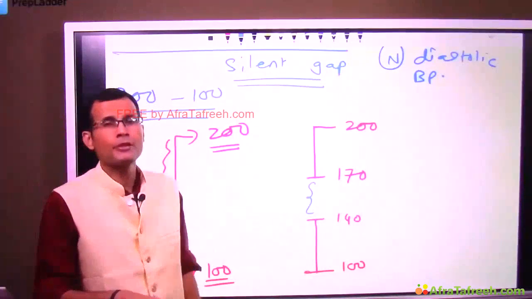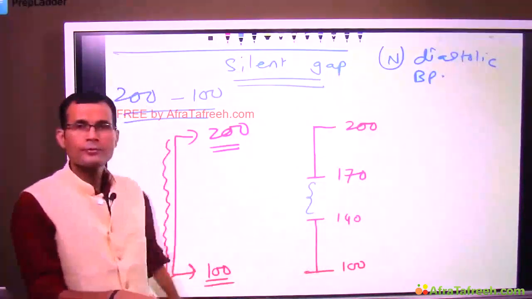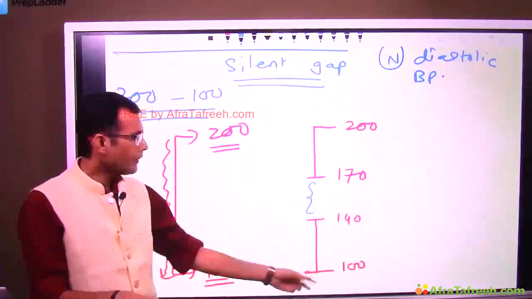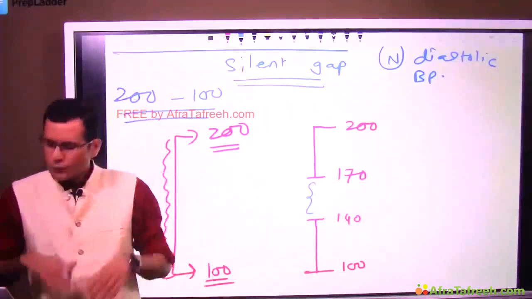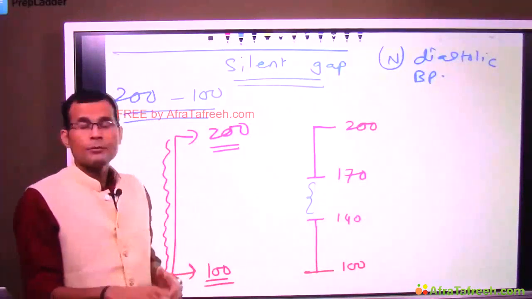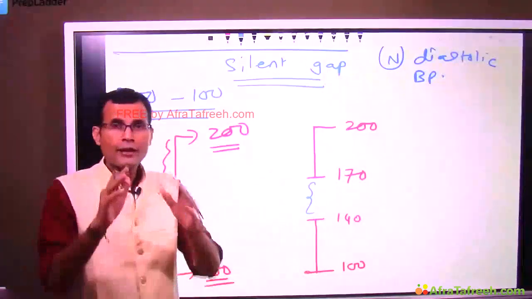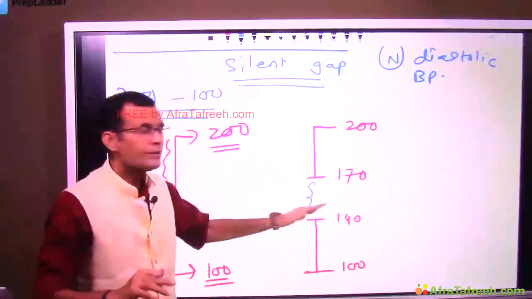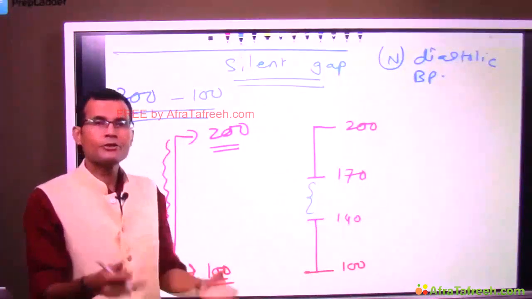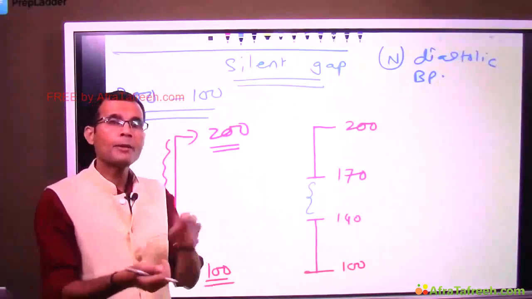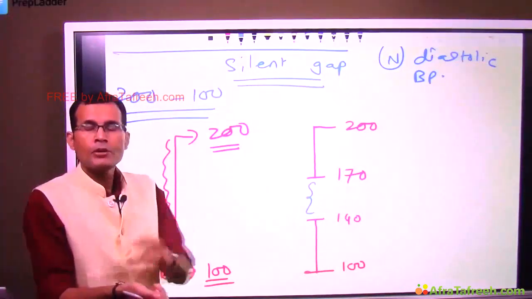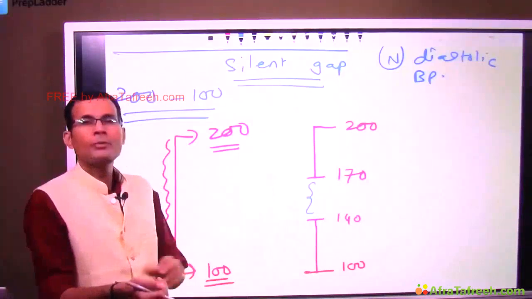Means sounds disappear in this. They will again reappear and finally disappear. Now suppose you are not aware of this, and then let me tell you, this is the reason why we first check the blood pressure by palpatory method, because that gives you the idea of a systolic blood pressure, isn't it?